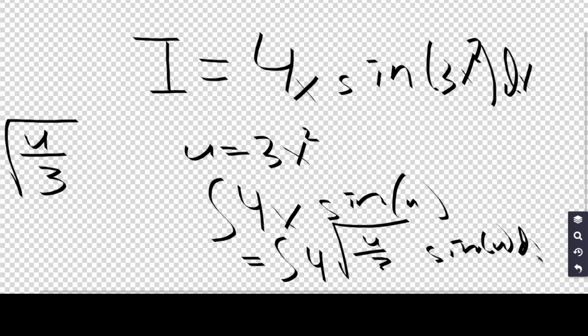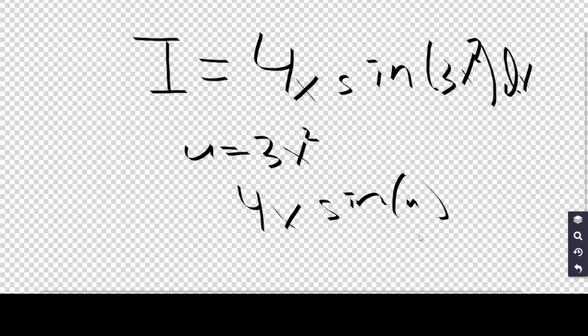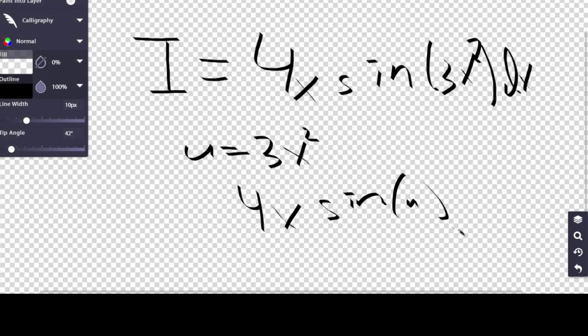And this is still in reference to dx because we haven't found the relationship between dx and du. Additionally, you don't have to do this complicated part too, because sometimes things will cancel out. But let's see if it will cancel out when you plug in du.